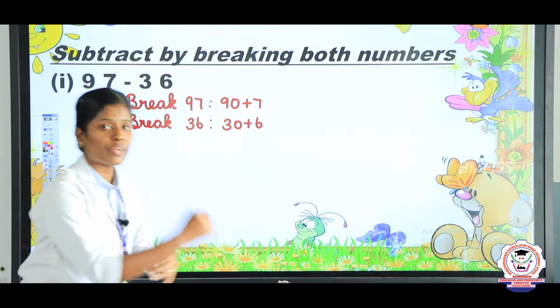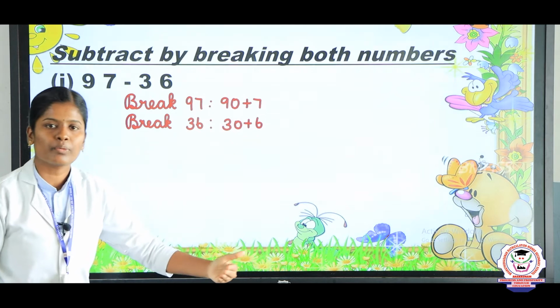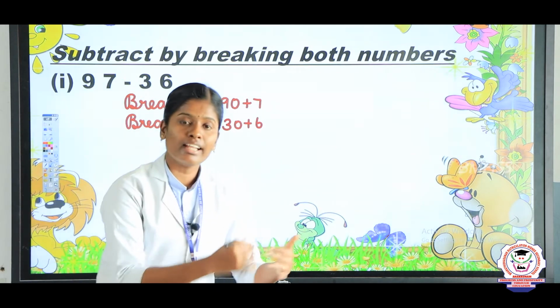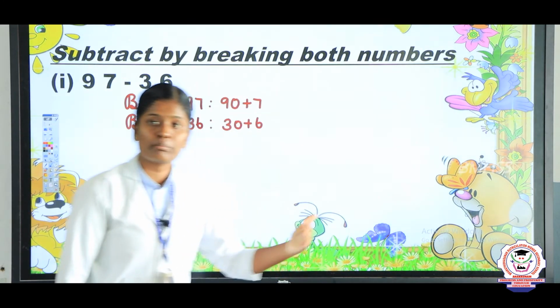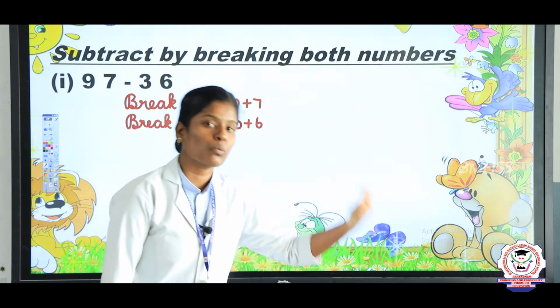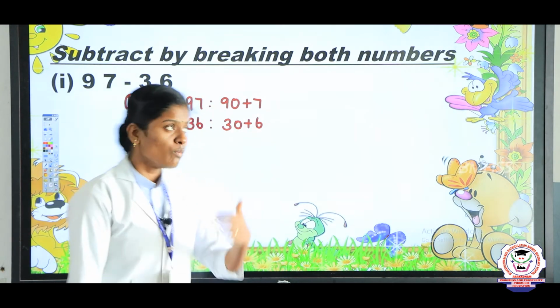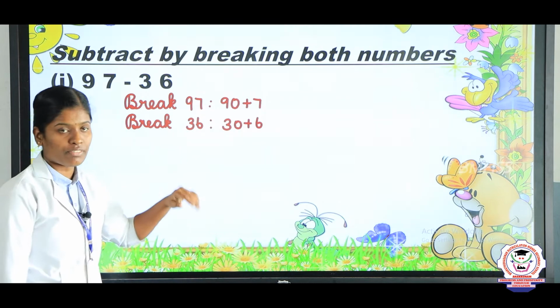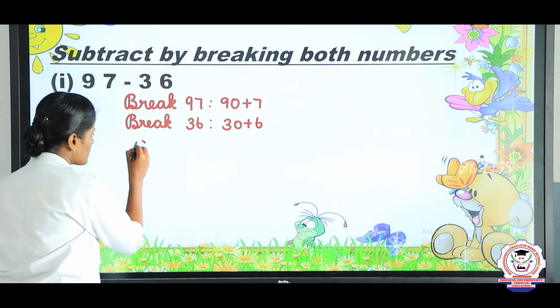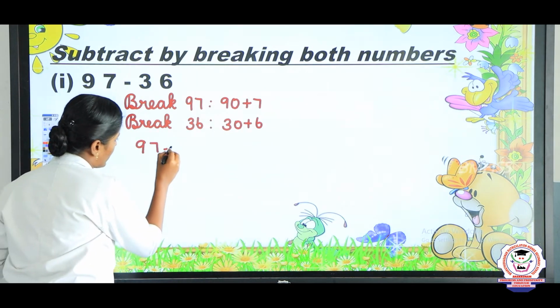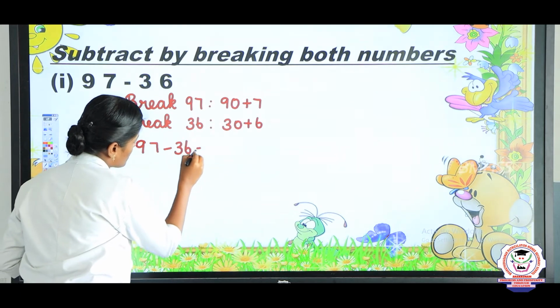Now we are going to write the second step. What is the second step? Subtract tens and subtract ones. Before that, we will substitute in the question itself. Take the question: 97 minus 36.